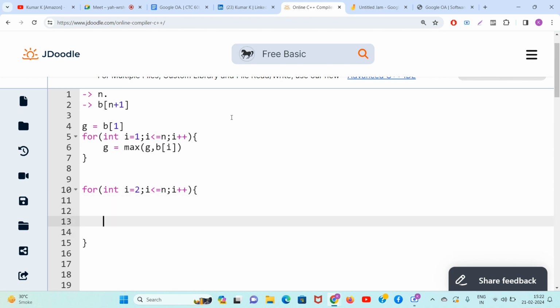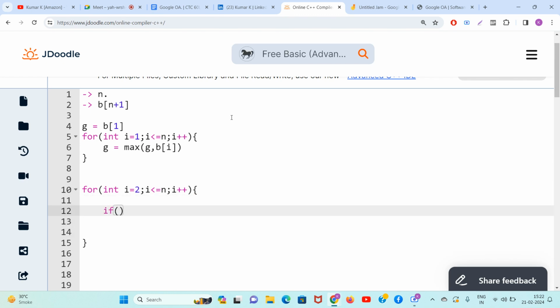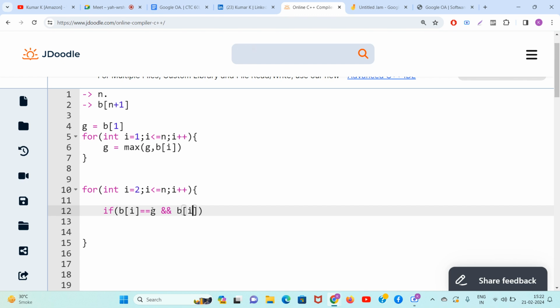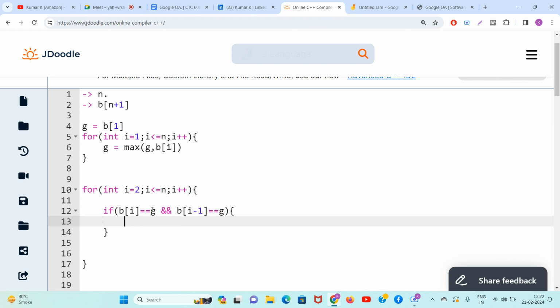See, guys, if the current value is equal to G, and the previous one is also G, then you increase the counter, C++, but Python guys will not understand, so C equal to C plus 1.